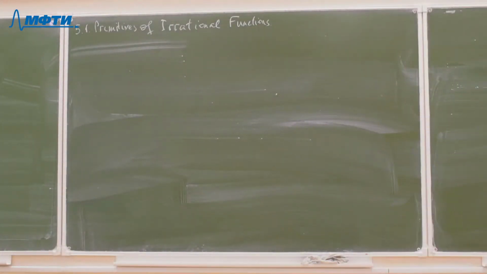In fact, the material which is included in those sections, I mean how to find primitives, is rather complicated, right? And I would say you should know practically how to do it. That's the main point, right?